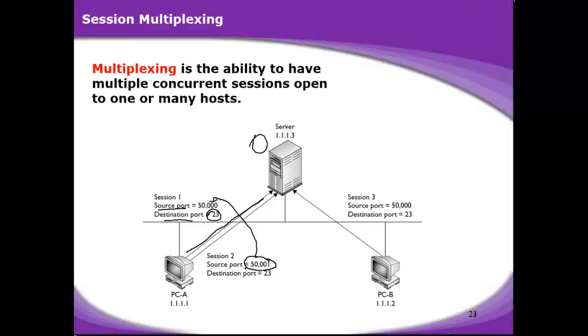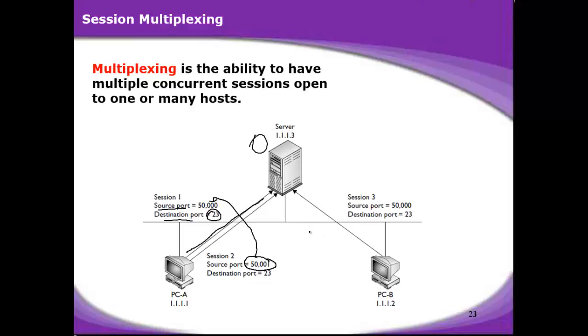It is to differentiate or multiplex among multiple connections, but the destination port is going to be the same, 23 and 23. So by using these port numbers, the server is also able to differentiate between these two connections.